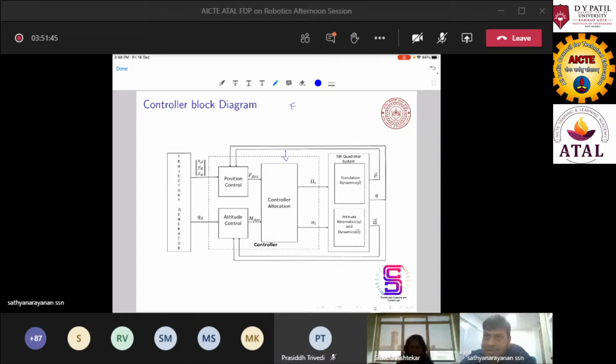So if you want to design your own quad rotor or your own aerial vehicle, then the main thing is that it should have much more advantage than the existing ones.